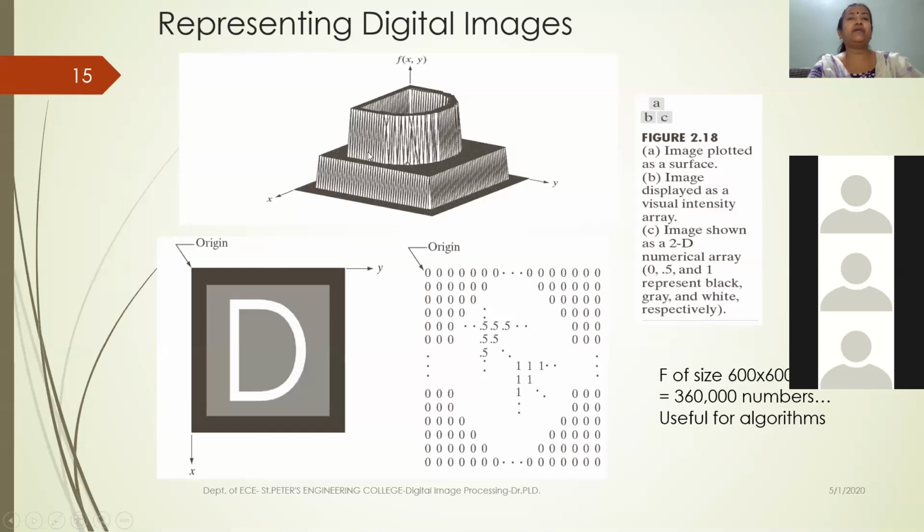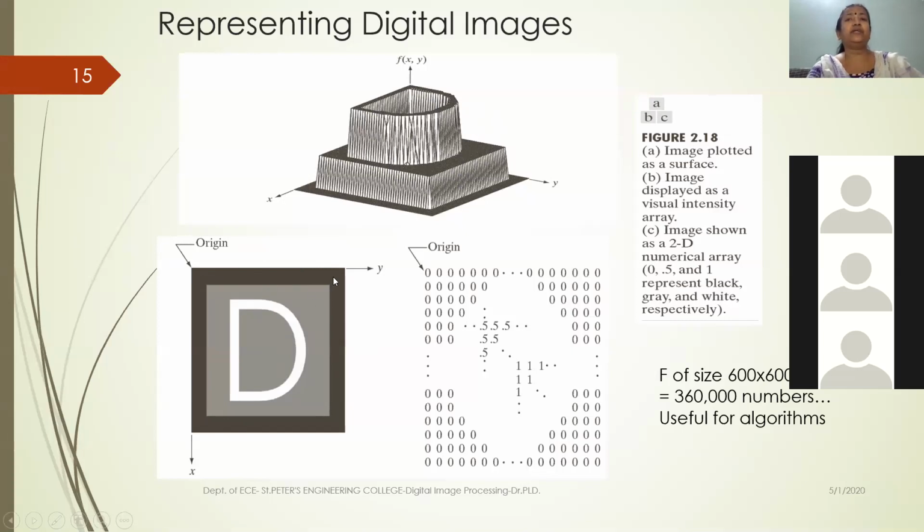But the intensity values given in the three-dimensional view and the two-dimensional view have no relation between these two. It is better to consider this image and how you are representing the values for this image. You can observe this is totally a black portion at its boundaries, in between you have a gray, and at the center the alphabet D is represented.